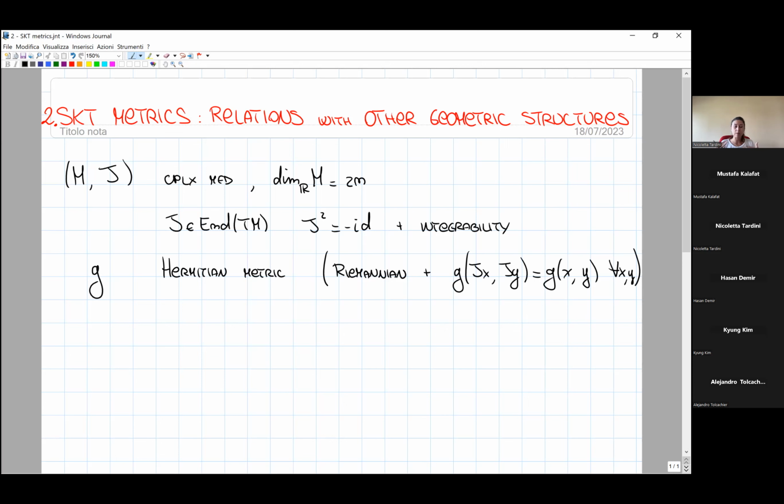And so whenever we have a Hermitian metric, we can associate the fundamental form that we call omega, defined in this way. Omega(x, y) is by definition g(Jx, y), where again x and y are vector fields. So this is a two-form, and in fact it's a (1,1)-form with respect to the bigrading induced by the complex structure, and it's real and positive.